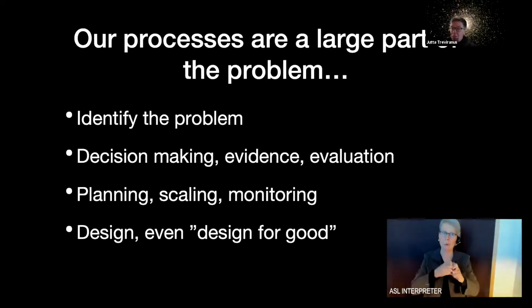How we identify a problem, how we make decisions, how we provide evidence and determine what is true, how we evaluate things, how we plan, how we scale the solutions that we create, how we monitor how well we're doing, and even design for good tends to be biased against people with disabilities and tends to add to those vicious cycles.